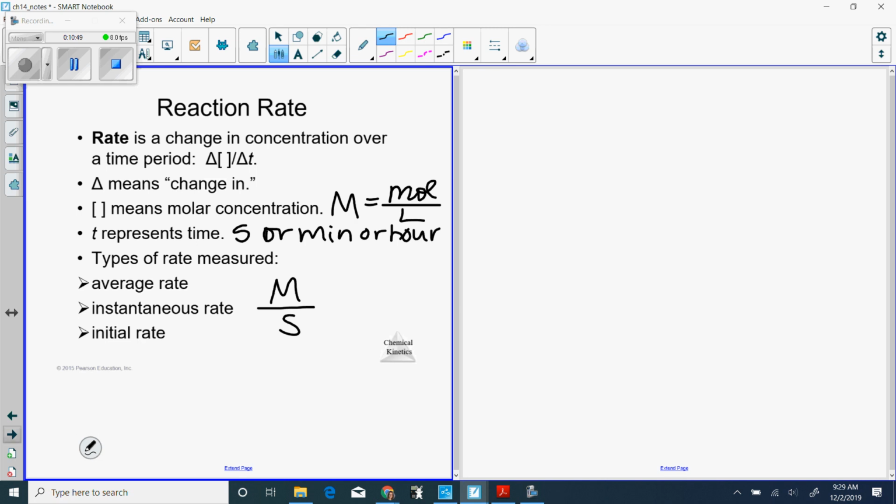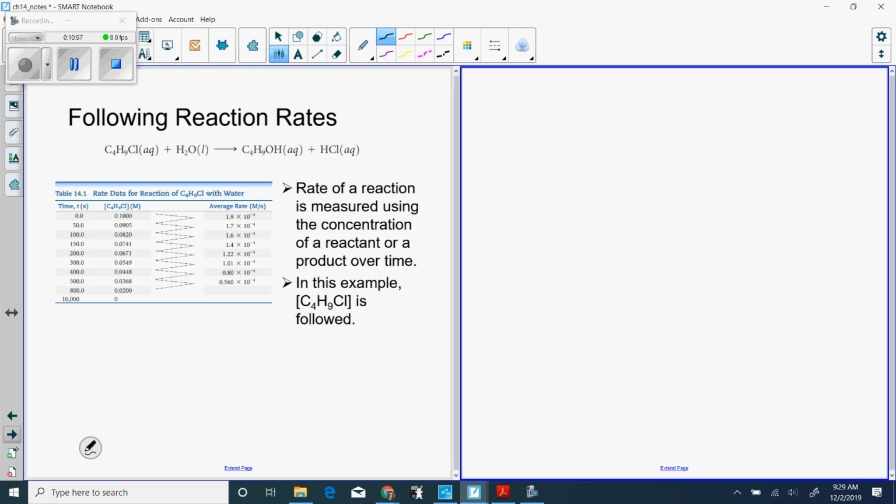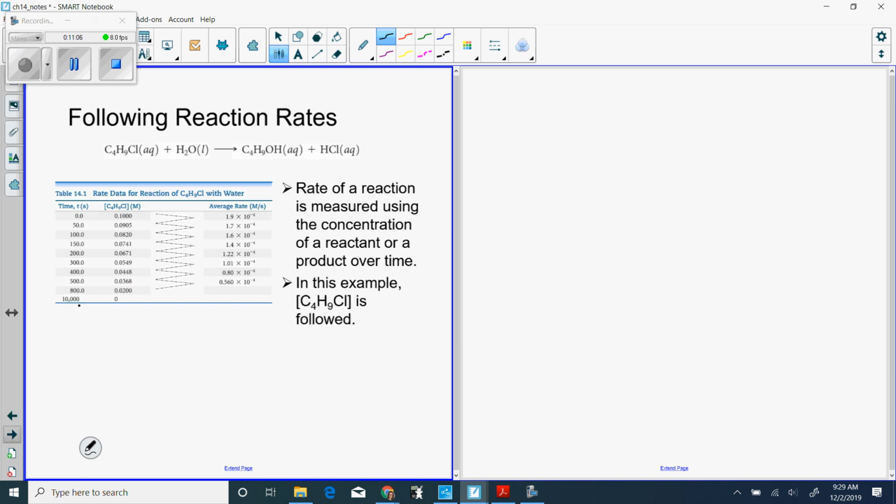Which is the same thing as the slope of a line. The problem is it's not linear. But if you think about it like this, if I had a data table and my change in time, so this is every 50 seconds, and this is what's happening to my concentration. It should be going down, right? It's turning into this stuff. Here, my concentration is going down.